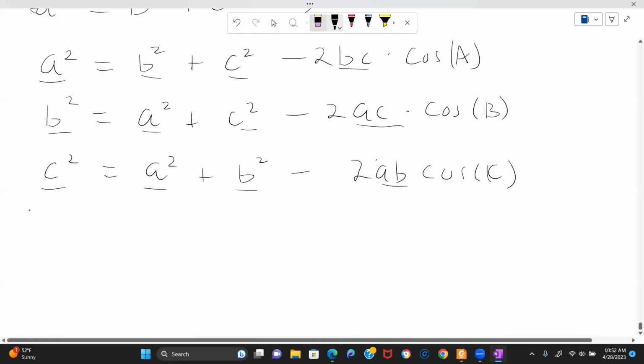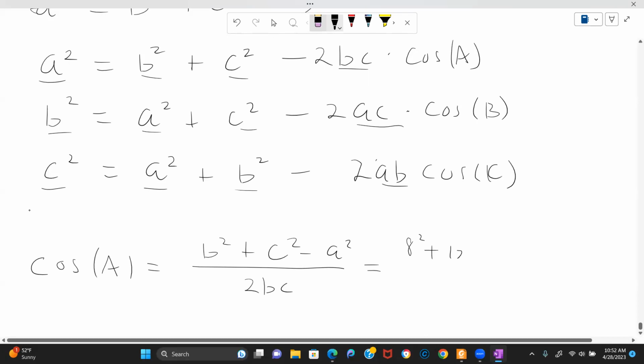I won't go through all the algebra, but you solve for cosine A, you get that it's equal to B squared plus C squared minus A squared over 2BC. And now you can plug everything in. You get 8 squared plus 12 squared minus 5 squared over 2 times 8 times 12.